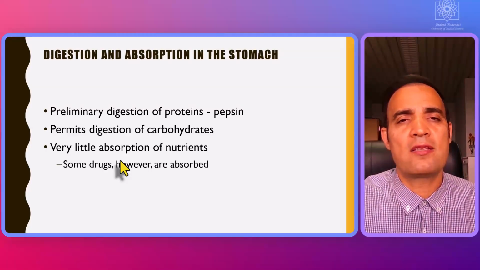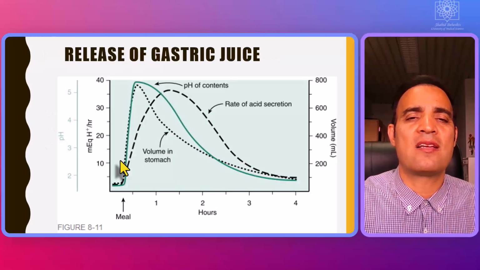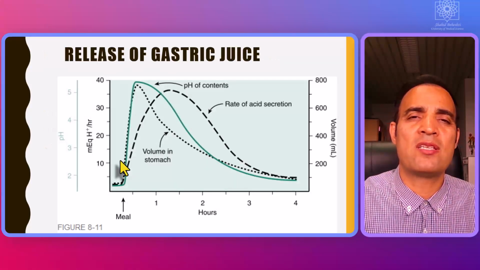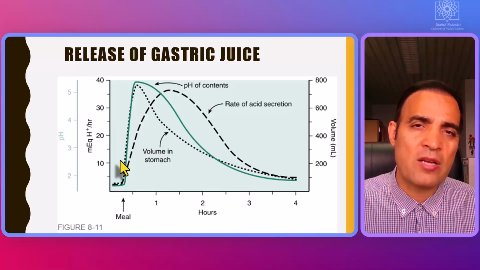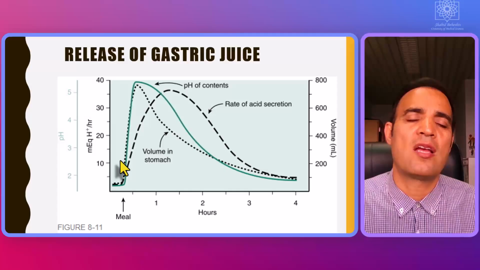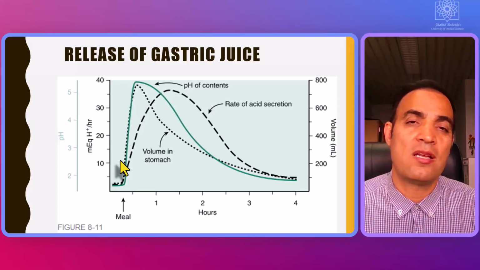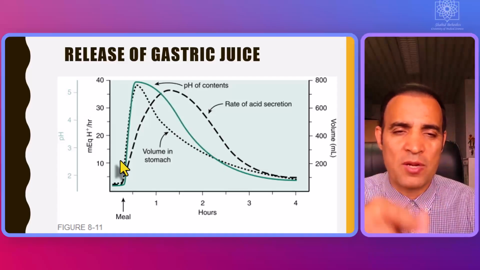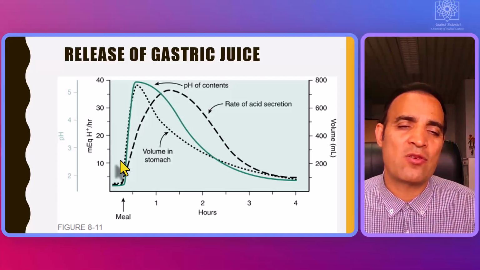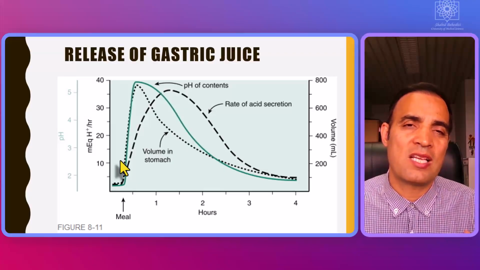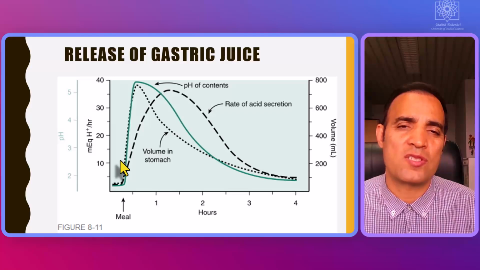Okay, let us finish this part and discuss pancreatic secretion and other secretions that we have in the GI system in the next file. This figure, by the way, shows the effect of different factors on the rate of release of gastric juices.